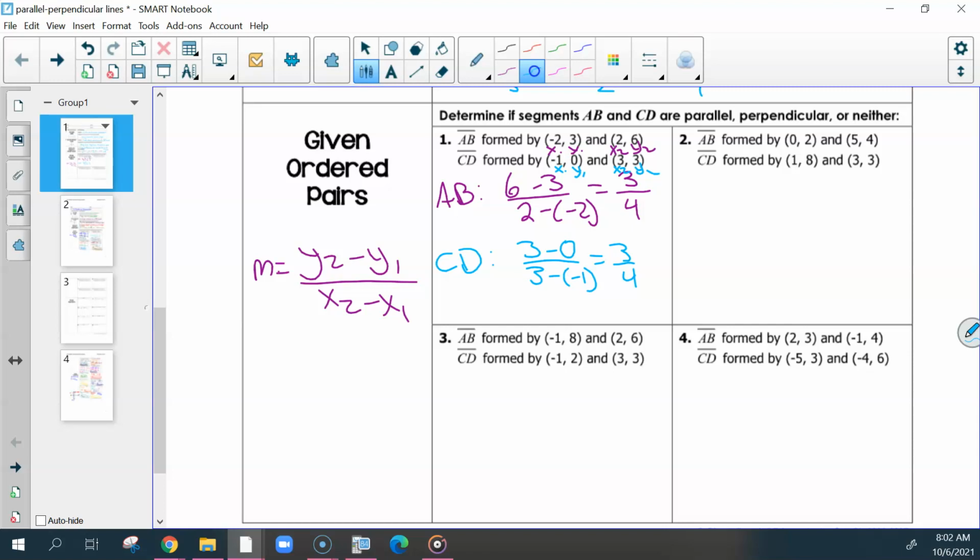So you can either write out the word parallel, or you can use the symbol for parallel lines.